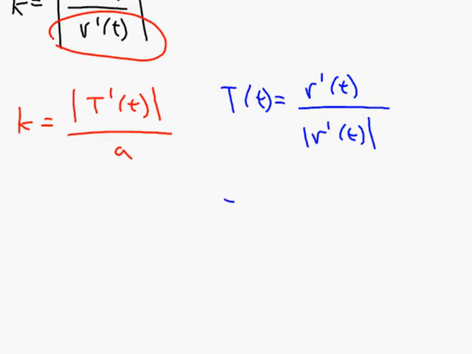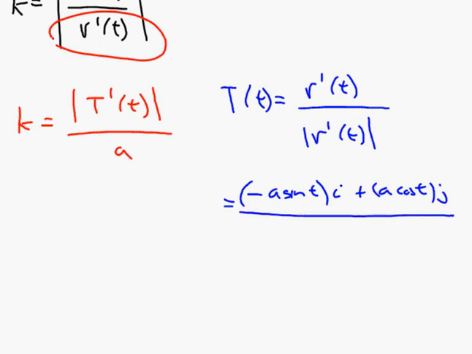This was equal to negative a sine t i plus a cosine t j over the norm of that, which we knew was a. So we end up getting negative sine of t i plus cosine of t j. So there is T of t.